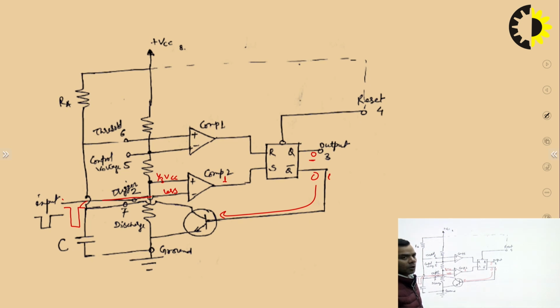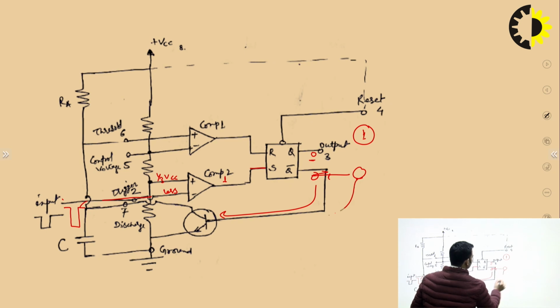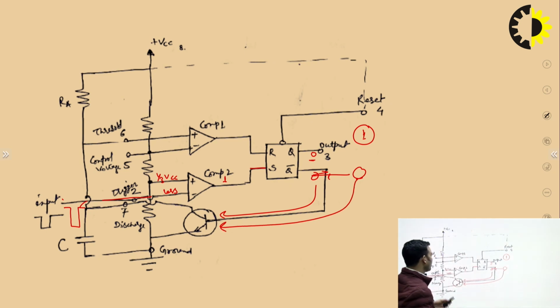As the input of the RS flip flop is 1, its output will become 1, and Q bar will be 0. If it is 0, that means the transistor will now become open circuited.